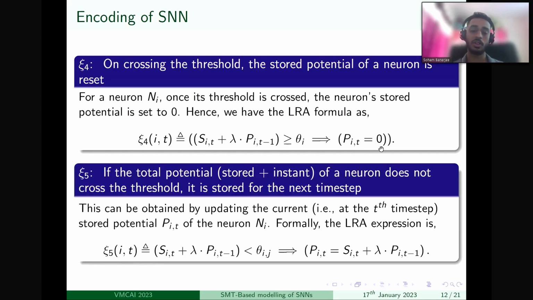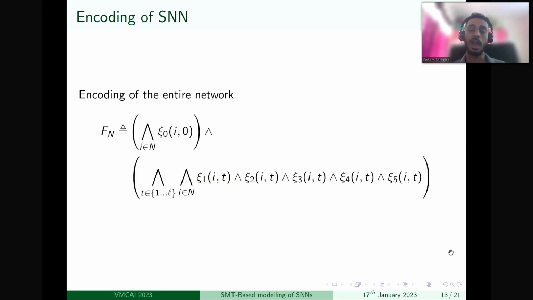And the counterpart of this one would be, if the total potential of the neuron is less than the threshold, then the potential at that time step will be equal to the total potential. So we essentially store the potential for the next time step. So when we go to the next time step, we will have this sum as the previous potential that we'll apply loss on.